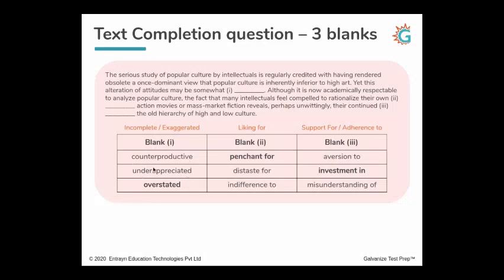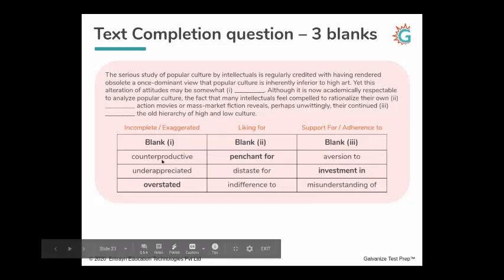Underappreciated is the opposite of exaggerated. Exaggerated is overappreciated, underappreciated is the opposite, so that is also not the answer. Overstated is the answer. Now see how comparing with this makes finding the answer easier. Instead, if you plug in this word, you'll feel like every word fits, so please don't do that.